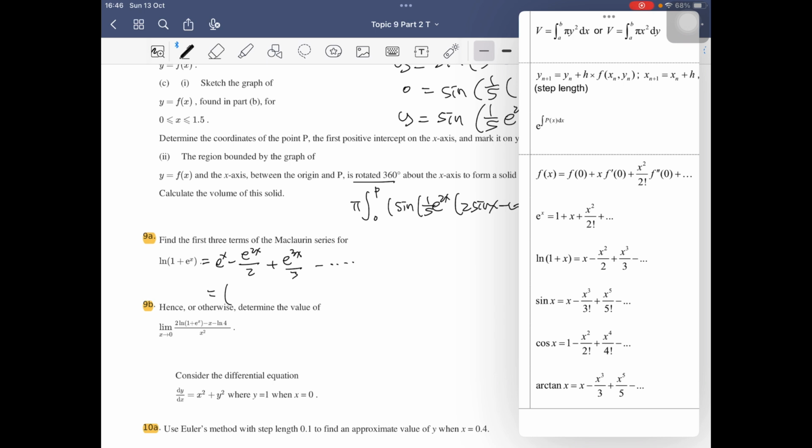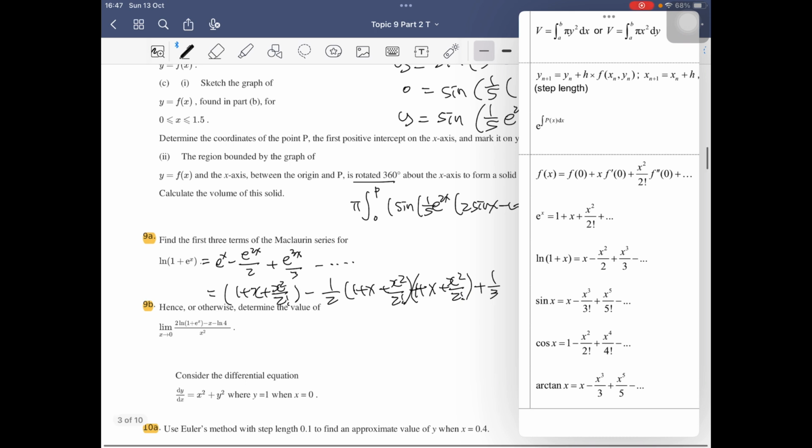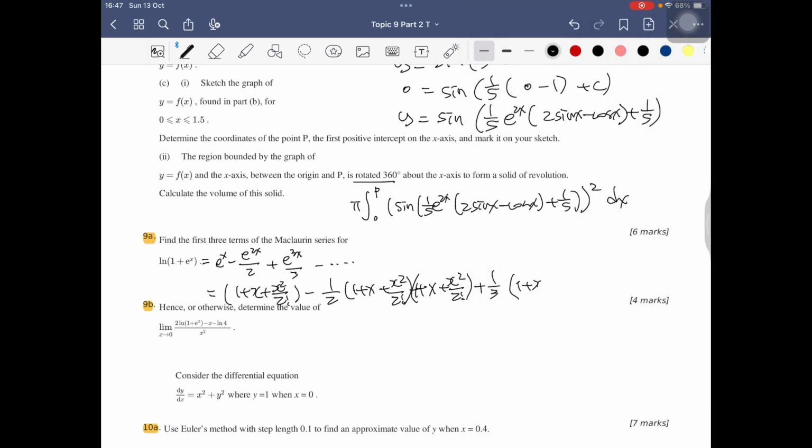So e to the power of x is 1 plus x squared over 2 factorial, minus e to the power of 2x is 1 plus x squared over 2 factorial, and so on.